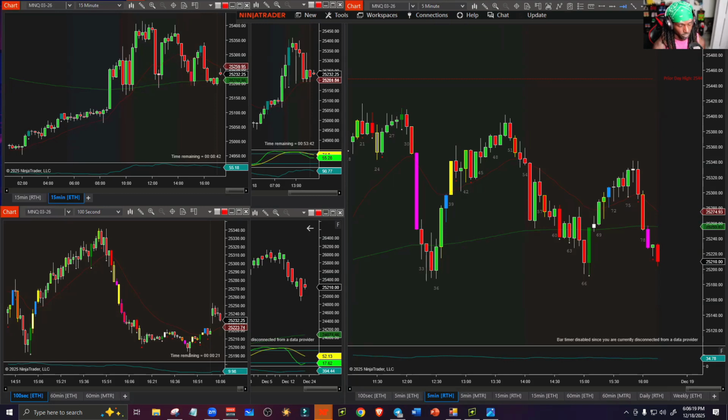Once it gets close to the entry, then I go into the 5 minute and I see what's happening in the 5 minute. Is it bullish as well? And then after that, I go into the 60 minute and see what that bar looks like.